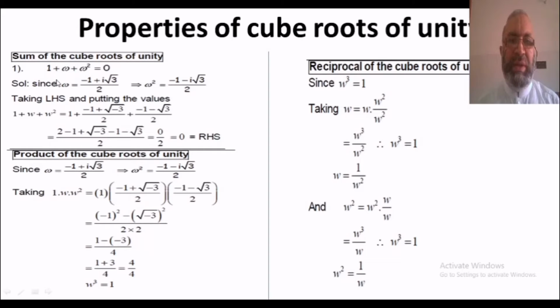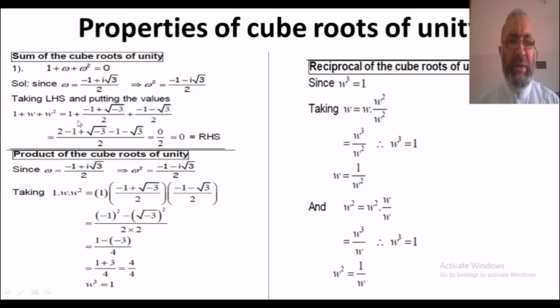We prove this statement by taking the left hand side, 1 + omega + omega square. Since the value of omega is (-1 + i√3)/2, and omega square is (-1 - i√3)/2, taking the left hand side and putting in the values, 1 + omega + omega square is equal to 1 plus the value of omega plus the value of omega square.